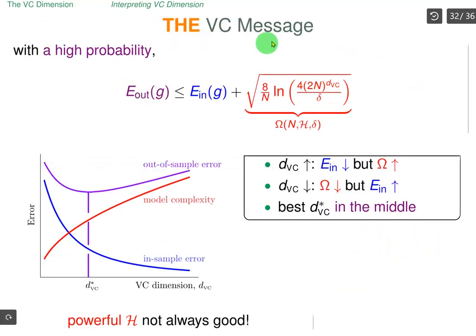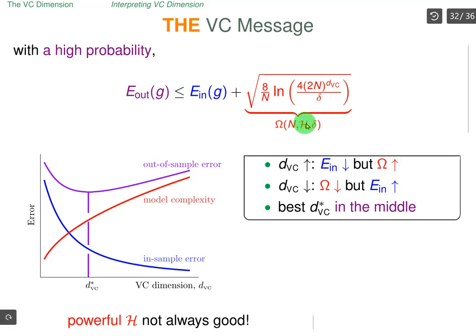The main VC message is described in the following slide. We can say that with high probability, the out of sample error, which is unknown, is upper bounded by the in sample error, which is known and which we can calculate or estimate, plus some model complexity term. Let's call it omega of N, H, and delta.